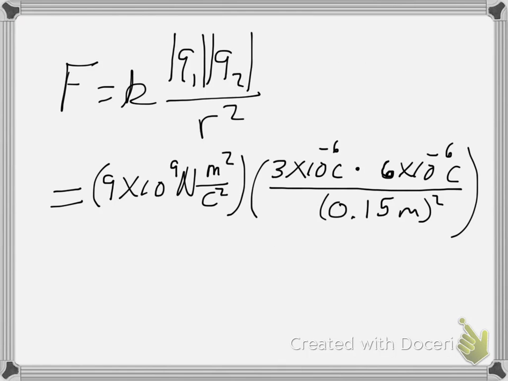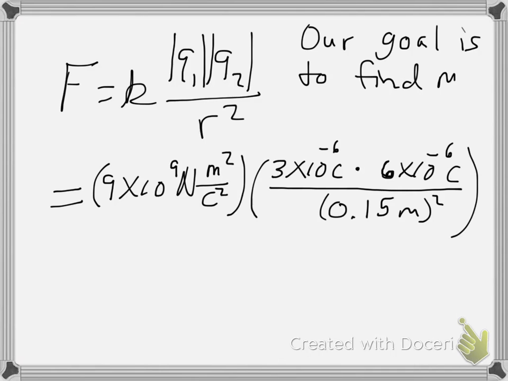For our purposes, we can consider that we're finding the magnitude of the force. So our goal is just to find the magnitude of F, and that's what this expression is, and that's why I'm going to drop the minus sign. Now that that's all set up, you can just plug this into your calculator, and luckily this all boils down to a very nice number.